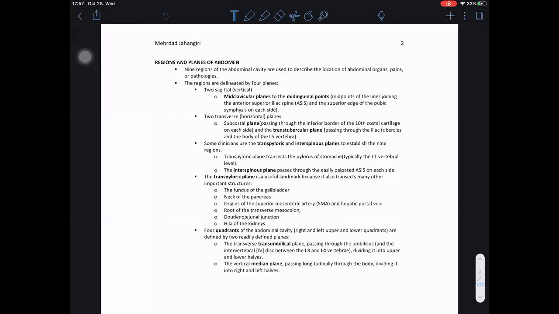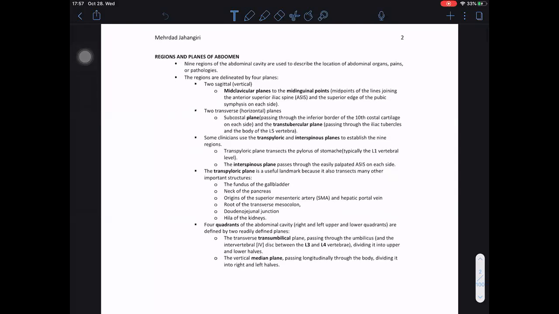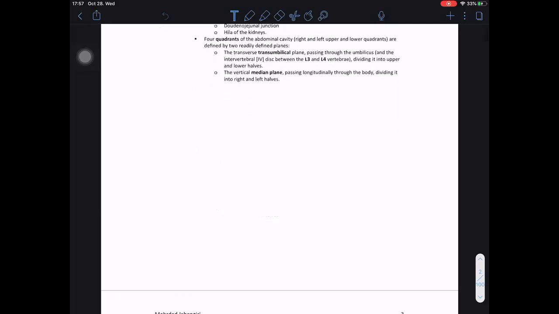In clinical practice, we can use these regions if you want to write a report, let's say about abdominal pain from your patient, so you know how to address it properly. So first we're going to go over these divisions of the abdomen into different regions, and then we're going to move down to the abdominal wall itself.